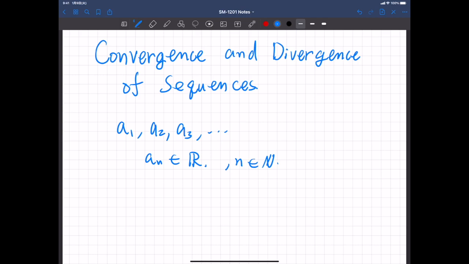We usually write these sequences as curly brackets an, or if we want to specify what this n is, from n equal to 1 to infinity, something like that.